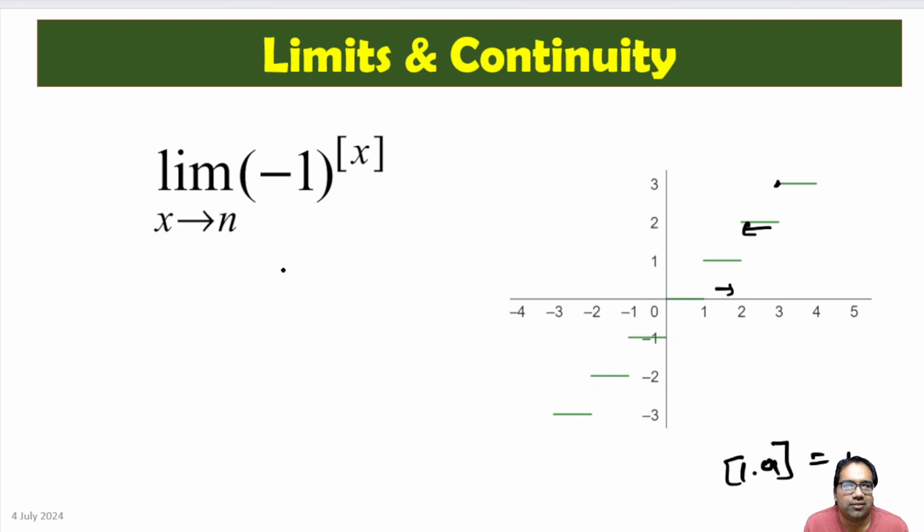So from left hand side we are getting minus 1 power 1. And from the right hand side, the greatest integer function of 2.1 is equal to 2, so we are getting minus 1 power 2.